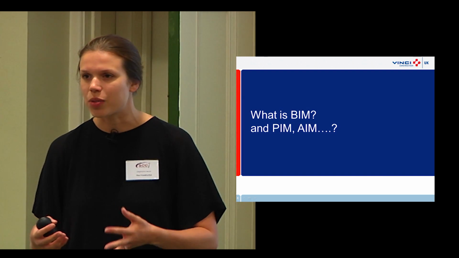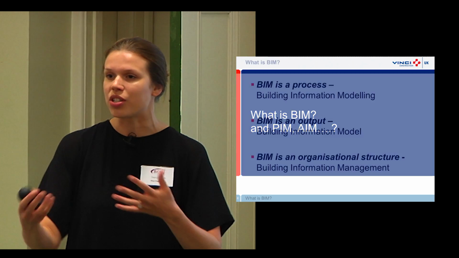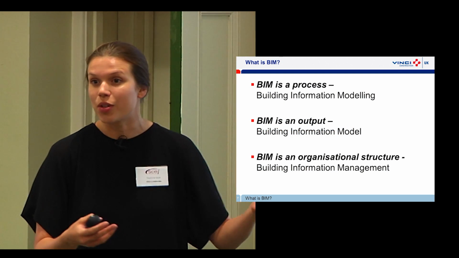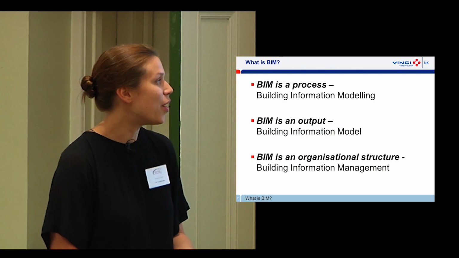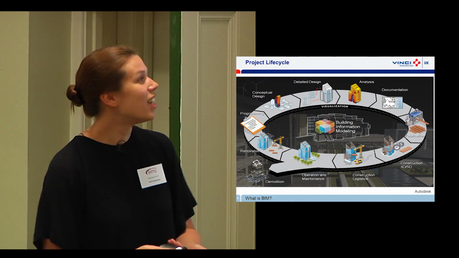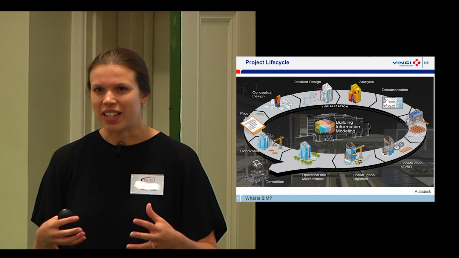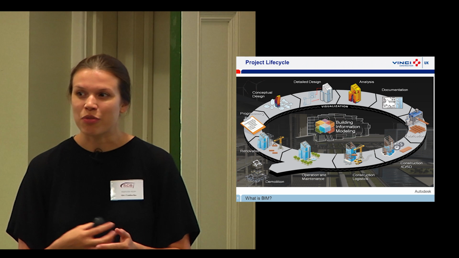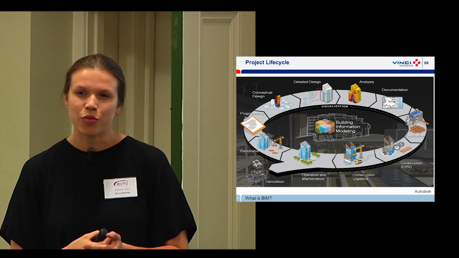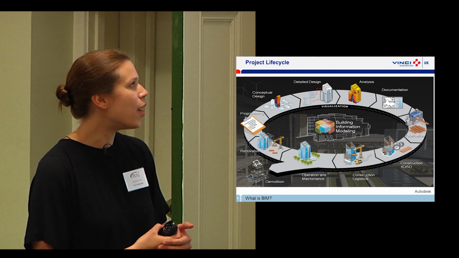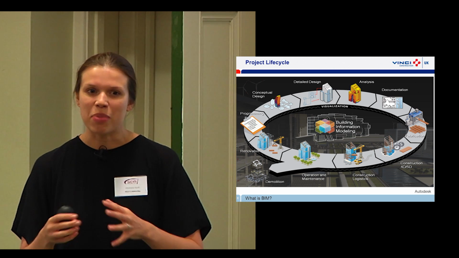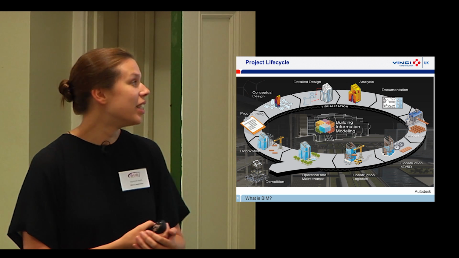You also have the process, which is building information modelling, so that's the process you go through to produce your outputs, your building information models. So anybody that's been to a BIM presentation before may have seen this slide. This is from Autodesk, one of the key 3D modelling software vendors. And this tries to illustrate where BIM sits in a project lifecycle.